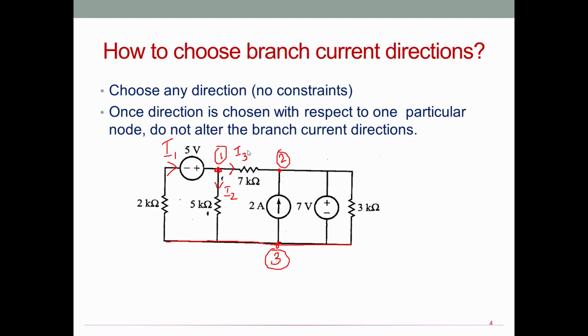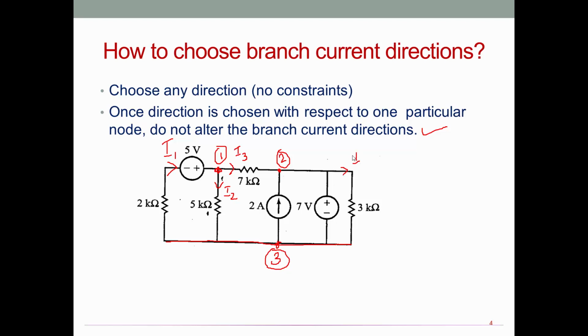One of the branch currents is already fixed, that is the 7 kilo ohm branch current is fixed with respect to node number 1. So stick to this rule, don't change this direction when you fix a branch current for this particular node's branches. So the 2 amps current source itself, direction is given, no need to bother about this.